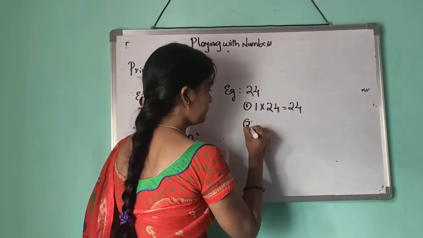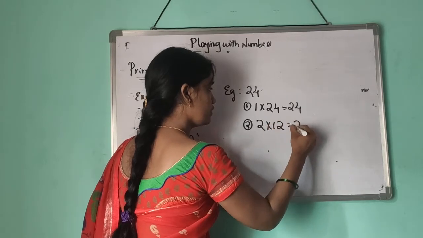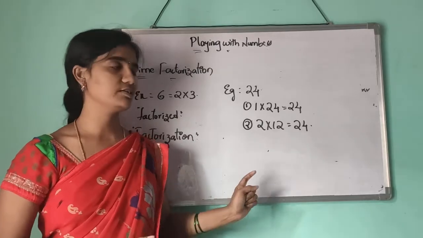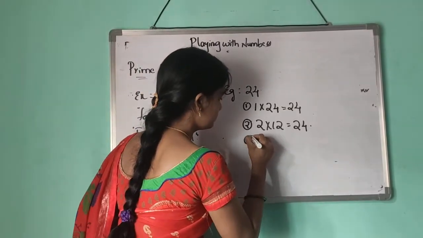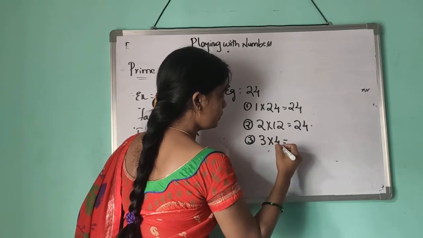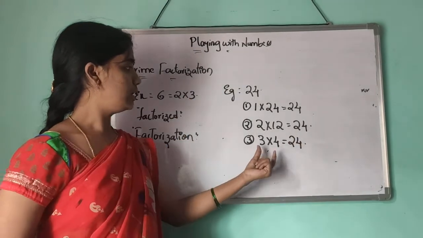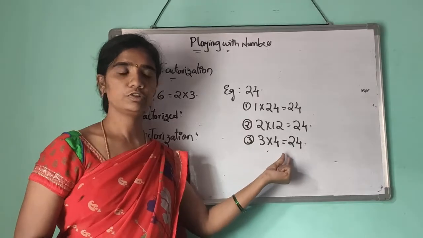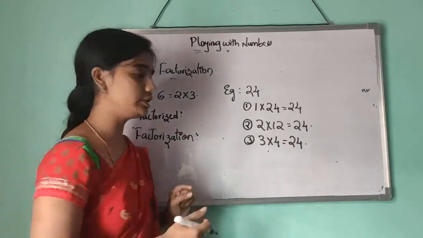Coming to the second way, 2 into 12 is equal to 24. 2 and 12 are also factors of 24. Coming to the third one, 3 into 4 is equal to 24. 3 and 4 are also factors of 24.